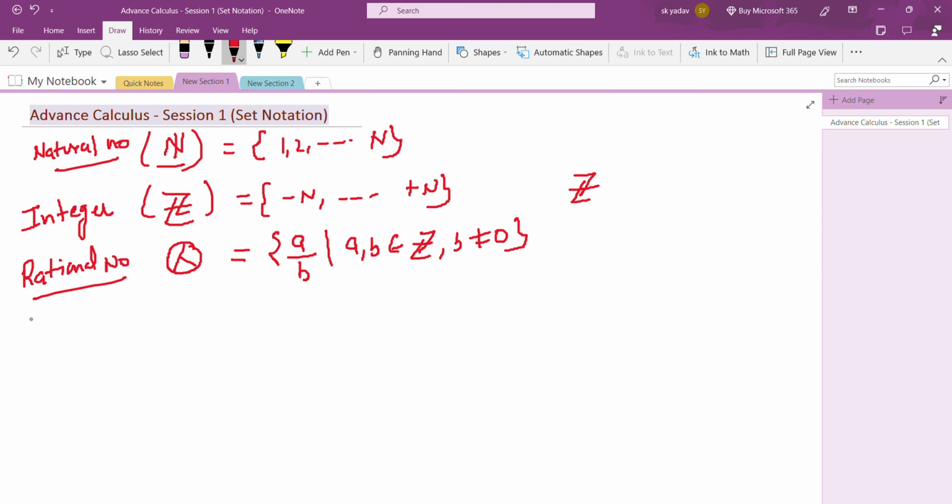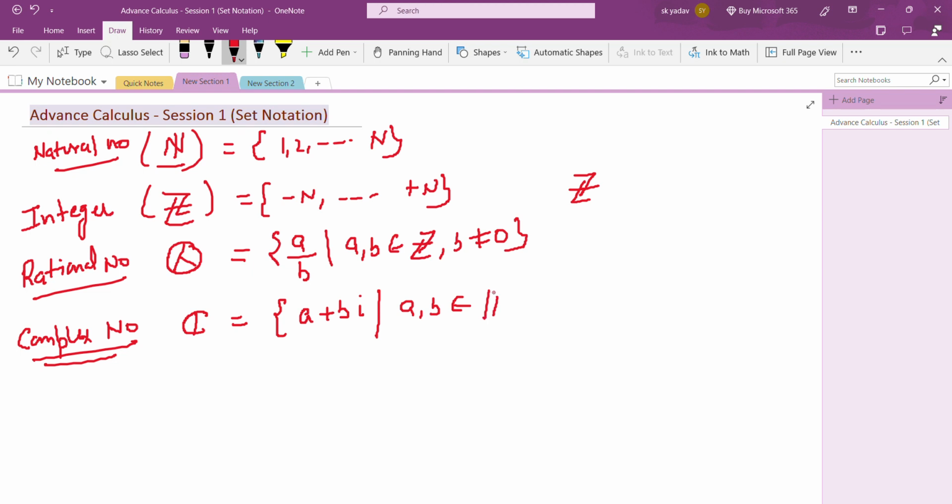Now we'll come to another symbol, the complex number. How will we define the complex number? The complex number symbol is written like this. It is represented with one real part and another imaginary part, where a and b belong to the real numbers. How do we represent the real number?